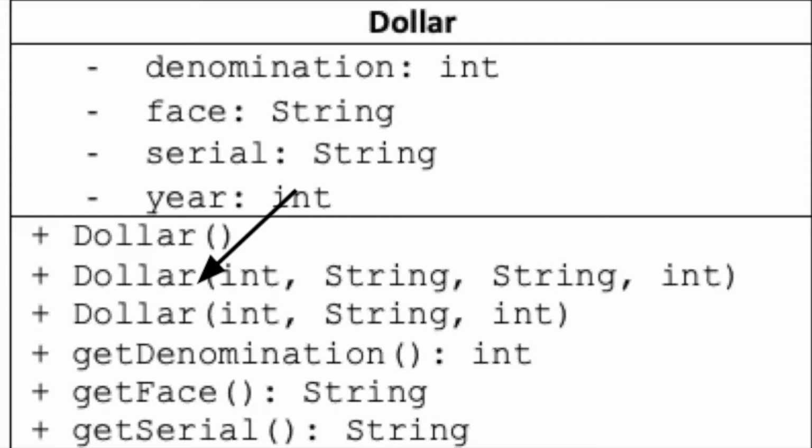Those will initialize the fields that you can see in the first square. But we also have a variation of that customized constructor, the one that takes only three parameters: int, string, and int. We're missing one field, the one for the face. But based on the denomination, for example, the int, we can determine the face internally.